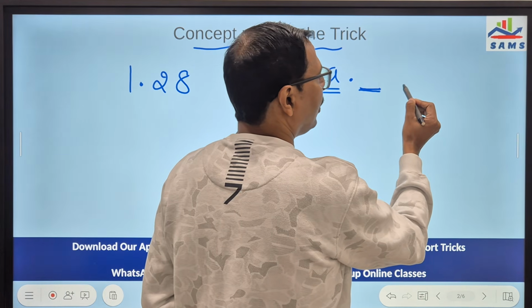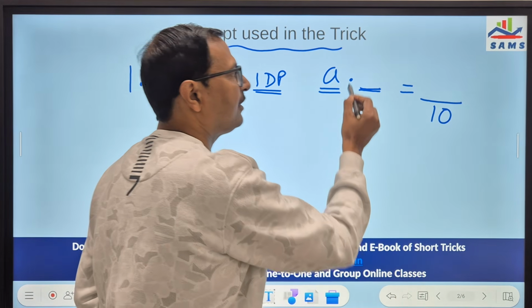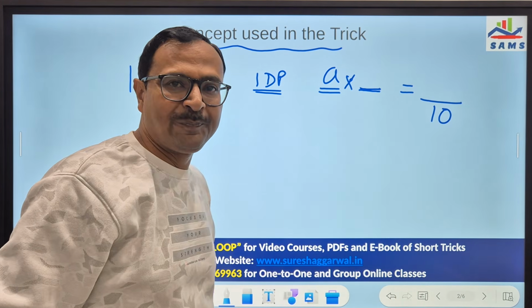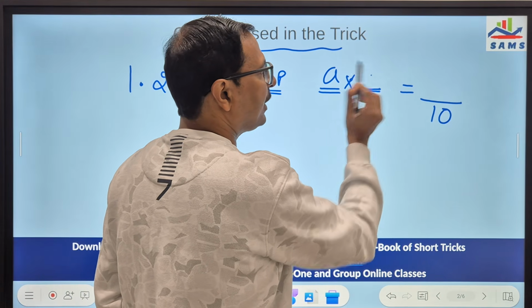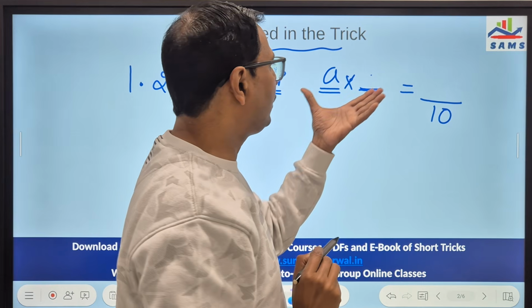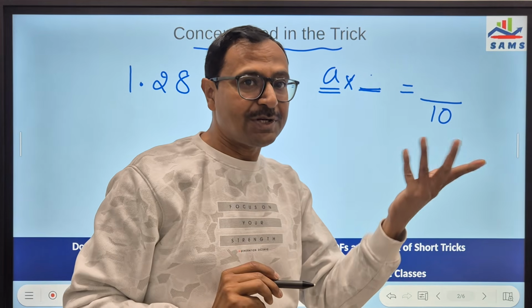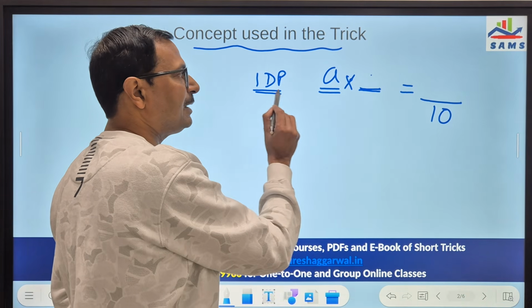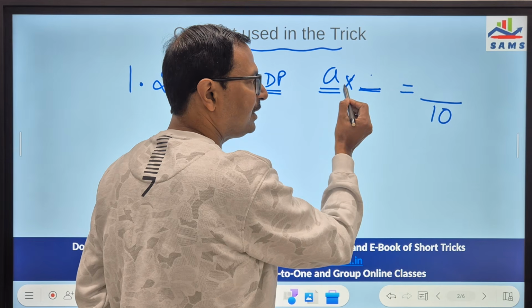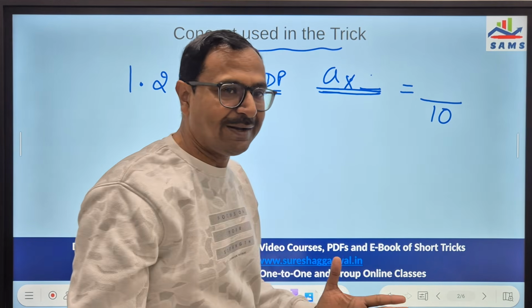Then you write it with a denominator of 10 and forget the decimal, because when you remove the decimal, you have only one digit here. So when you divide that whole number by 10, there will be a decimal one digit from the right hand side, right? So one decimal place means remove the decimal, get the complete number and divide that by 10.